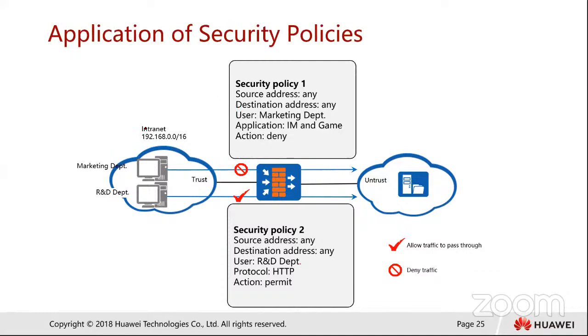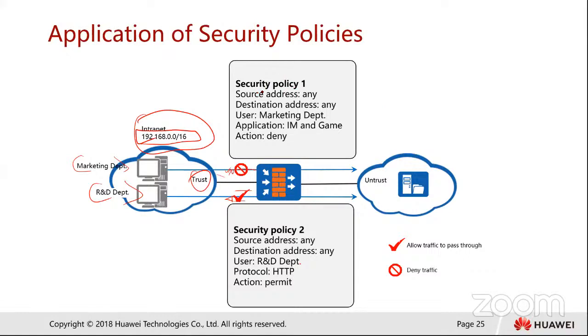So we have our intranet here. This is our network address, 192.168.0.0/16, and it's our marketing department. We also have our R&D department. Anything behind our firewall is in the trust zone, and everything else, the part of the network that our firewall is protecting us from, is in the untrust zone.